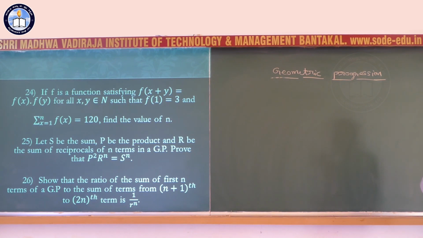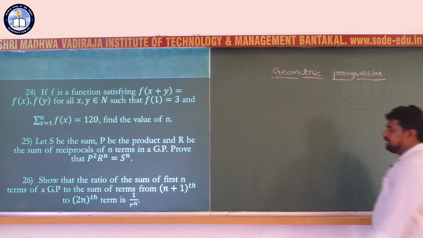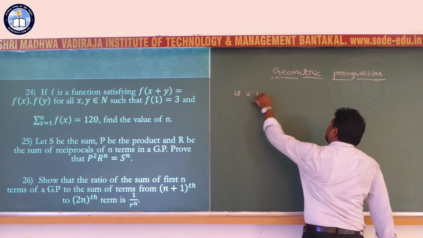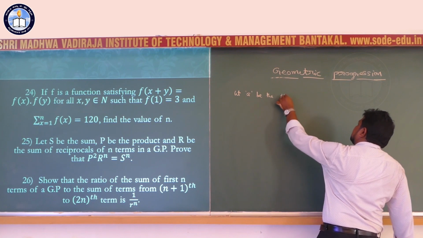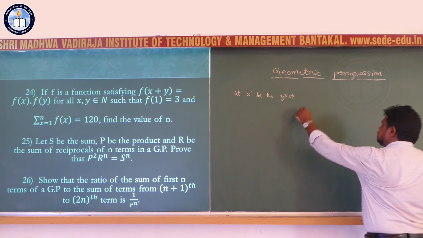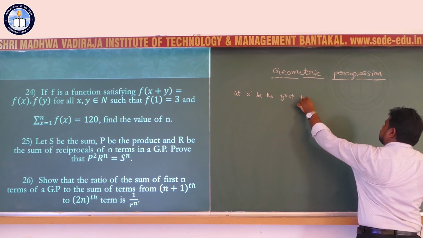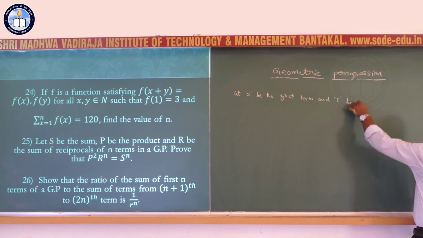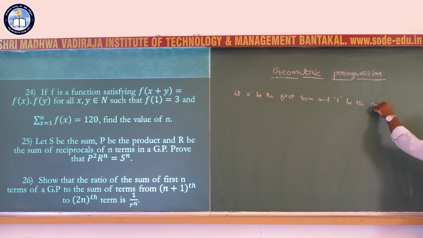I take a to be the first term of the geometric progression and r to be the common ratio. Let a be the first term and r be the common ratio.